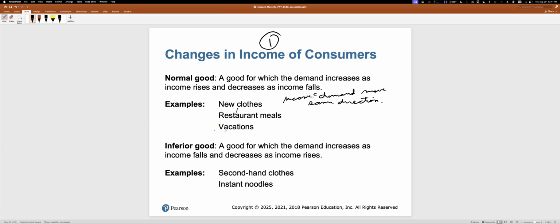However, there are some goods that are what are called inferior goods. I think the best example, just to write this out and be formal here, is saying that income and demand move in the opposite direction.